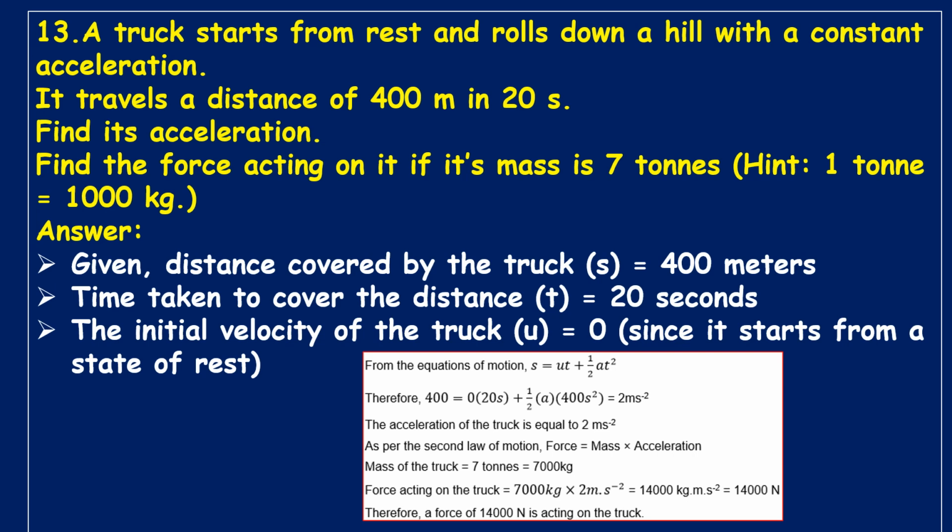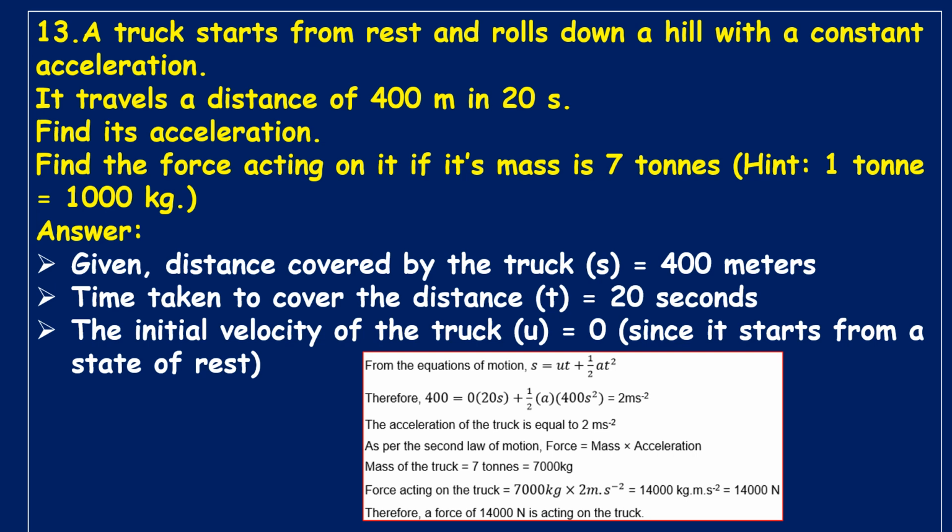That means for every meter it is consuming a certain time. As per the second law of motion, force equals mass into acceleration, F equals ma.